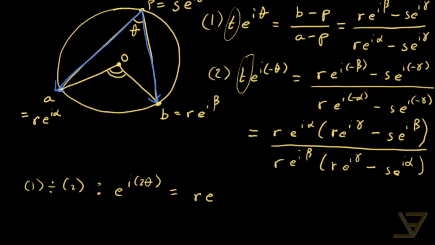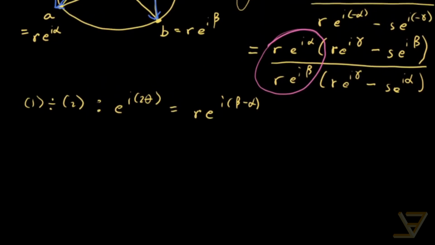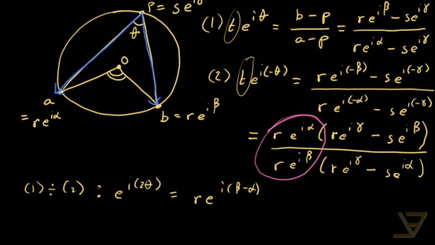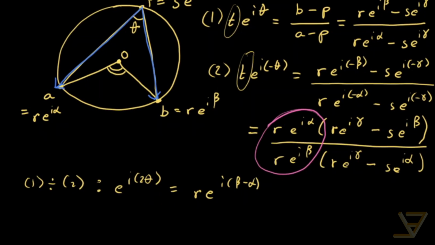r e to the i beta minus alpha, because of this part we just combined it, and then what we get is this times r e to the i beta minus s e to the i gamma divided by r e to the i alpha minus s e to the i gamma.